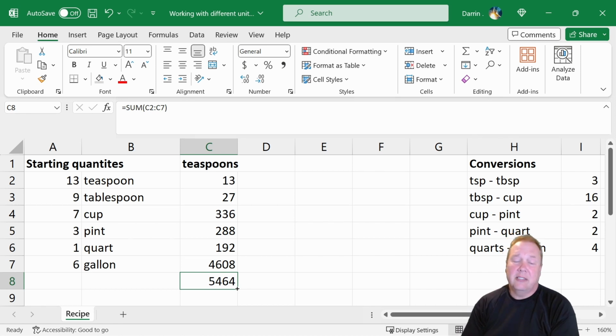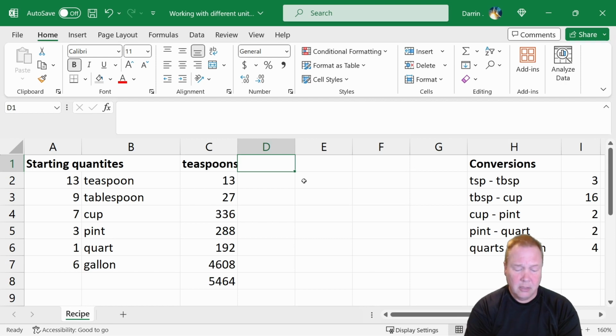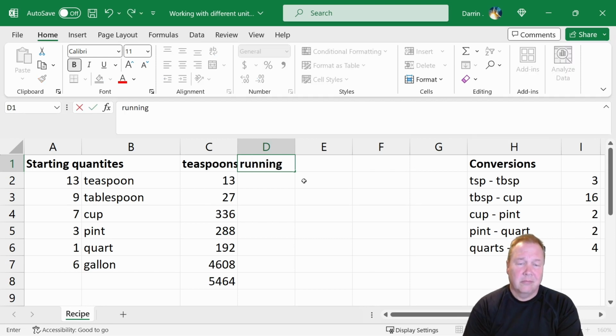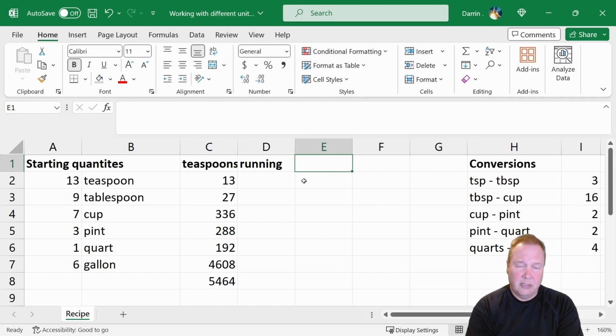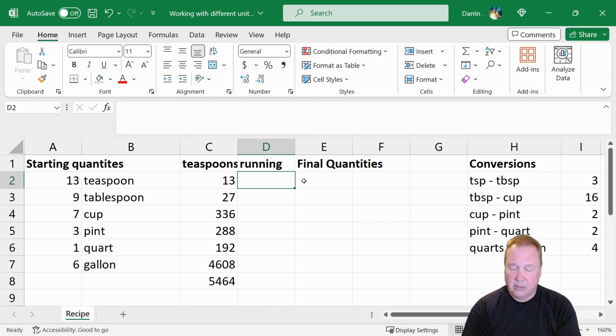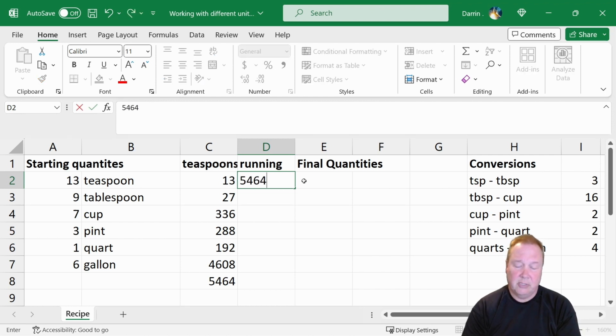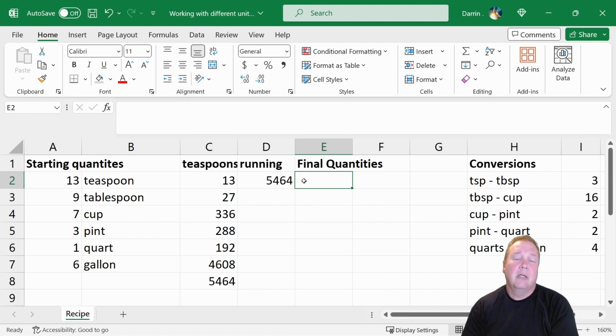The way that we're going to do this is we're going to make use of the modulo operator. And I'm actually just going to make a temporary column over here, and then final quantities here. So the running amount that I know here is 5464, right? So let's go put that up there.